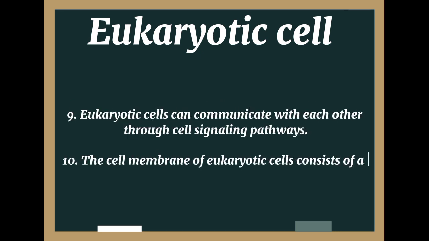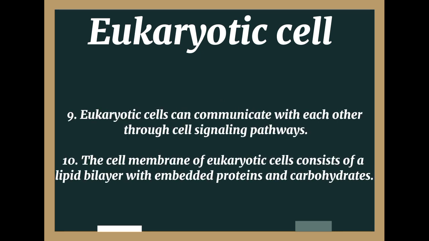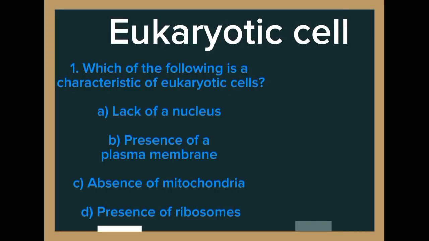9. Eukaryotic cells can communicate with each other through cell signaling pathways. 10. The cell membrane of eukaryotic cells consists of a lipid bilayer with embedded proteins and carbohydrates. 1. Which is a characteristic of eukaryotic cells? A. A lack of a nucleus. B. Presence of a plasma membrane.